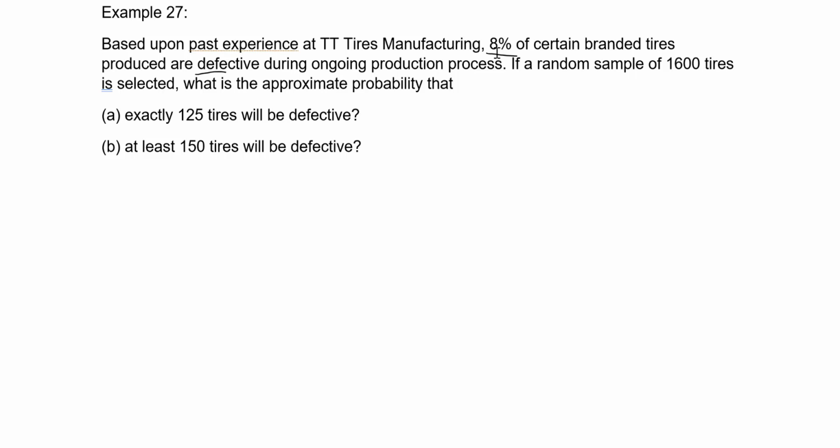If random samples of 1600 are taken, what is the approximate probability that exactly 125 tires will be defective? And question B, the probability of at least, that means greater or equal to 150.